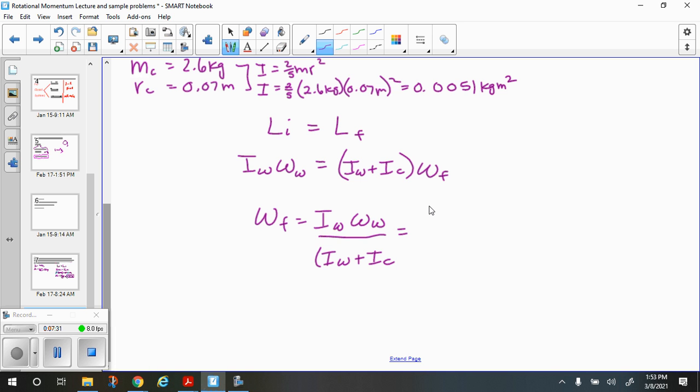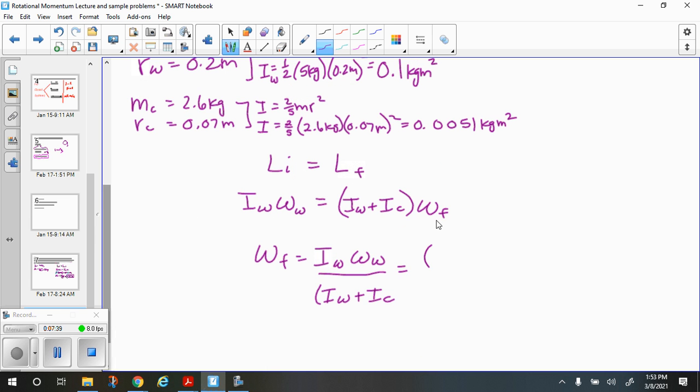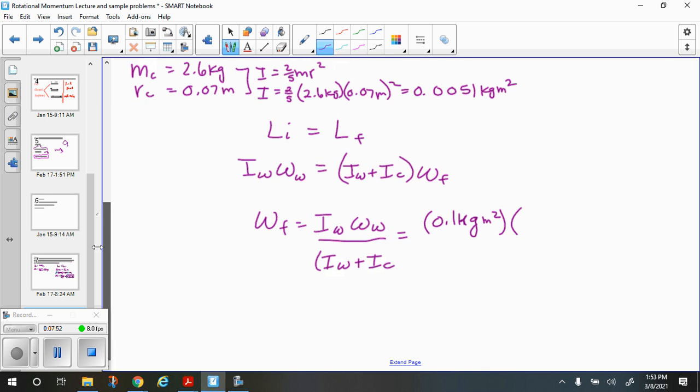So we can plug in numbers now. The moment of inertia of the wheel by itself was 0.1 kilogram meters squared, times the angular velocity, which is 1.5 revolutions per second.